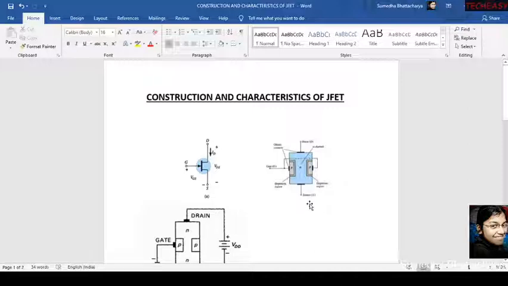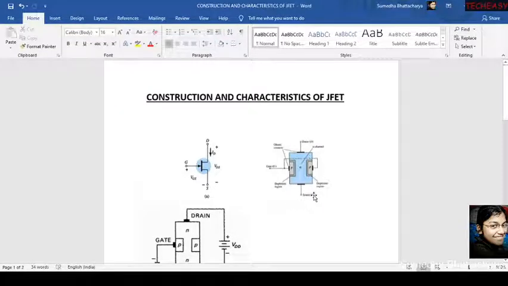Now, the point to be noted is that this drain terminal acts as a sink of carriers. The drain is the upper portion of JFET.